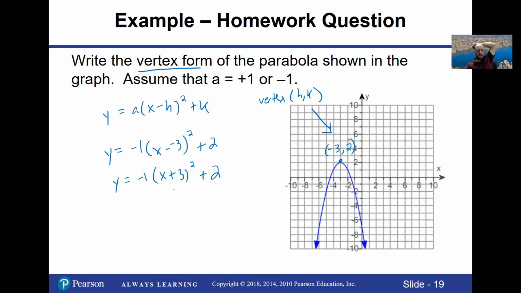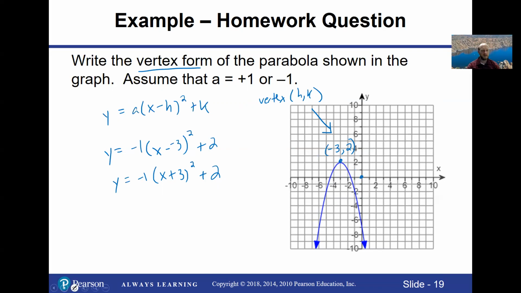You can double check this: it would be translated 3 units to the left from our original vertex at 0, 0 from y equals x squared. 3 units to the left, 2 units up, and it's down, so the sign is negative.